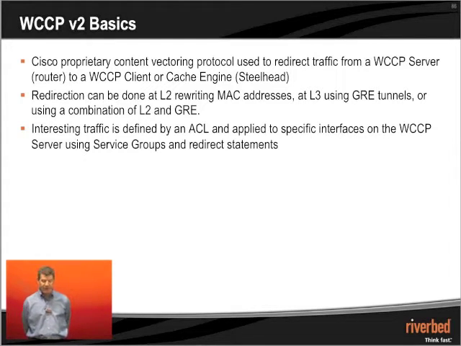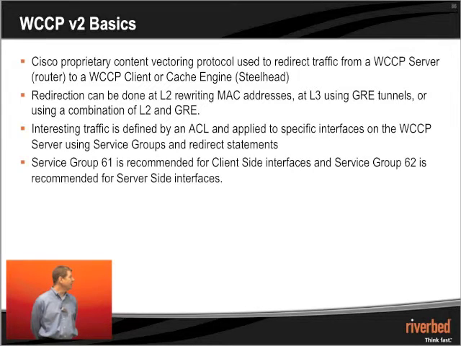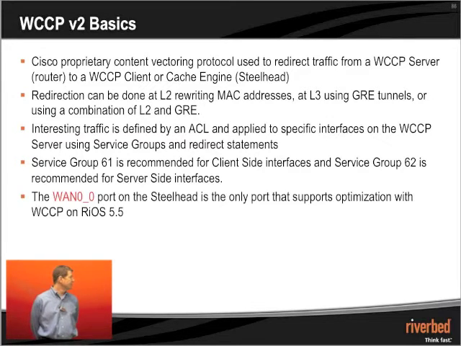We are able to redirect what's known as interesting traffic using an ACL on the redirecting device, such as the switch or the router. And we define service groups 61 and 62 to mimic what Cisco's QA department uses to test this protocol.